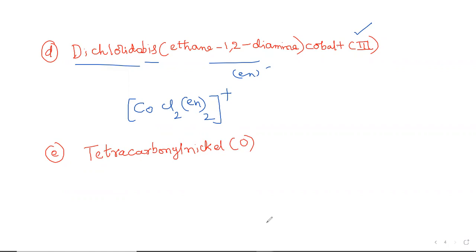Tetra means there are 4, carbonyl is the carbon monoxide ligand, along with nickel. It is a neutral complex. Nickel is the central metal, and around that there are 4 carbon monoxide ligands. As it is a neutral complex compound, the coordination sphere has no charge. So Ni(CO)4 is the formula of this compound.